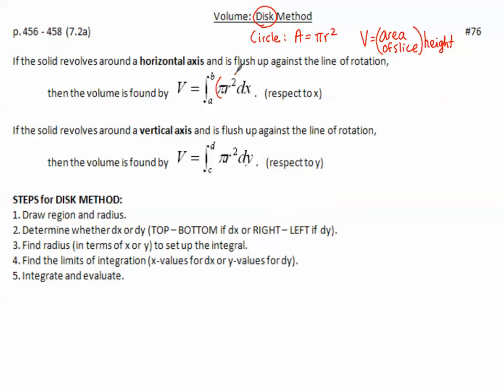Here is the area of one of those slices, the area of the circle, times the third dimension. Or another way to think of it is the sum of all of those circles. Remember that the integral represents the sum. So the sum of all of the disks, or all of the disks' areas.